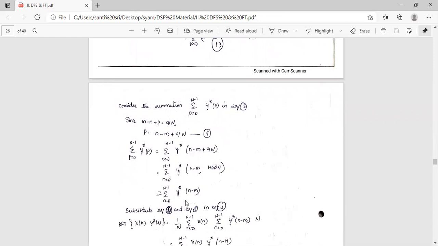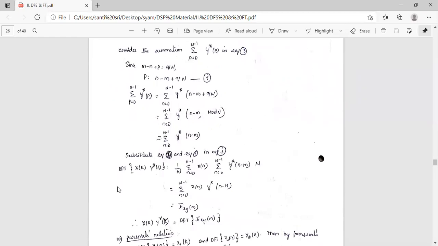Substitute equation number 4 and 5 in equation number 3, so that it will become inverse DFT of X of k into Y star of k is equal to 1 by N into sigma n equal to 0 to N minus 1 x of n into sigma n equal to 0 to N minus 1 y star of n minus m into N. So N and N gets cancelled. So sigma n equal to 0 to N minus 1 x of n into y star of n minus m.